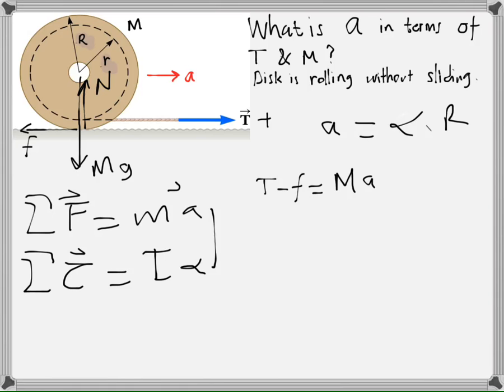The second equation concerns the rotation of the spool. If the spool is going in the right direction, which direction will it rotate? It will rotate in the clockwise direction, right? In this direction. And I have to choose this direction as plus.